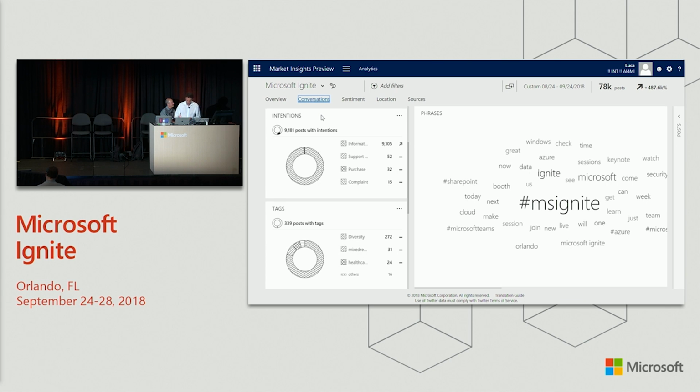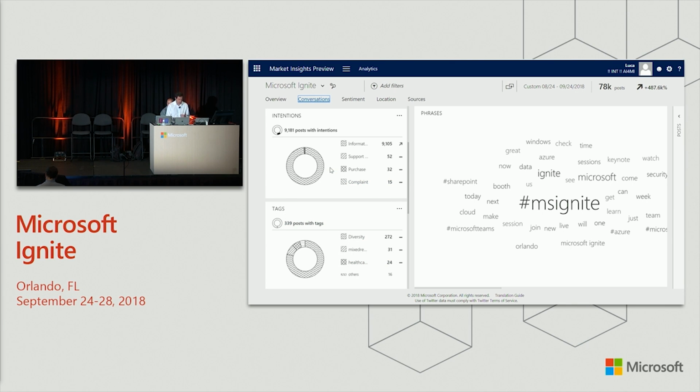Thanks to machine learning, there is an automatic way of understanding the intentions, such as information requests, support requests, purchase, complaint, and so on. And again, with the ability of auto-tagging here.